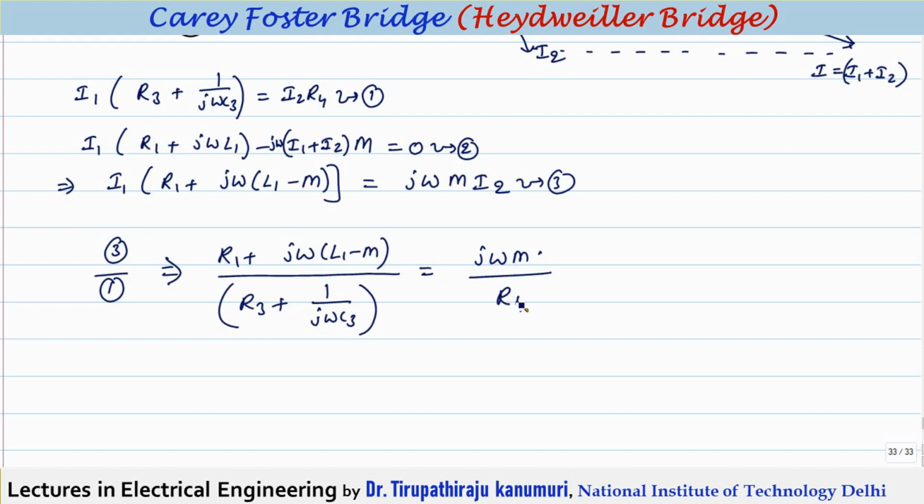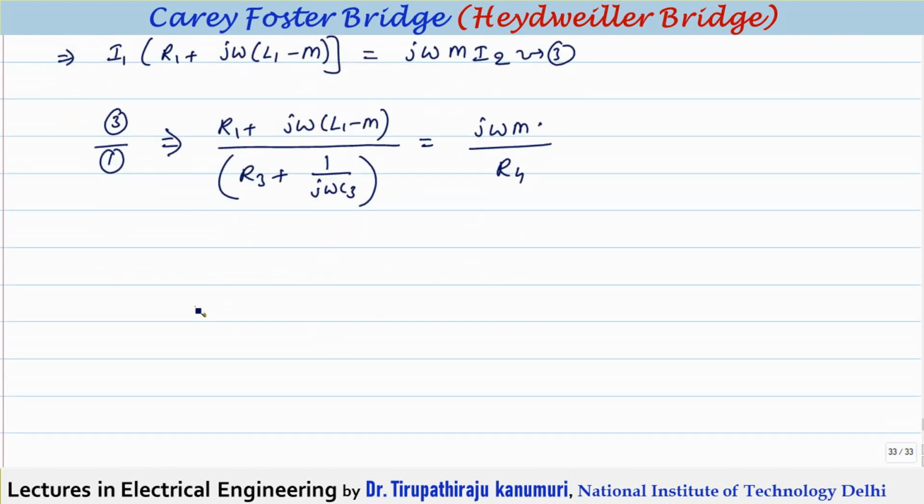On the right hand side, this will be j omega M divided by R4. Now I am doing the cross multiplication. So this will become R4 into R1 plus j omega into L1 minus M times of R4, equal to j omega M into R3 plus, so j omega will cancel, M divided by C3.